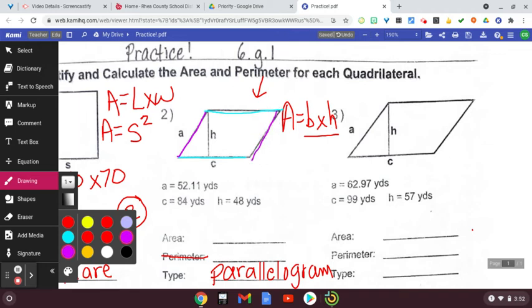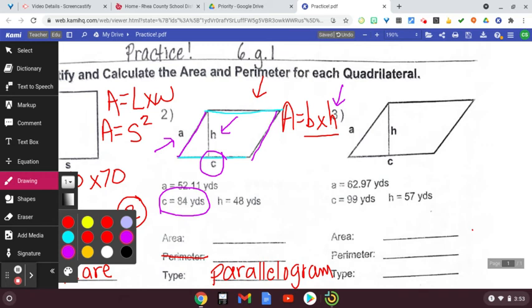Okay. So with our parallelogram, we have to do just something a little bit differently. With our formula, our base is what it's actually sitting on. So we're going to take our C, which is 84. And this right over here is really important. It's our height. Height is the 90-degree angle that is perpendicular to our base. Most students always try to use the A, but remember, when you go to the doctor and he's measuring how tall you are, you do not stand slanted.